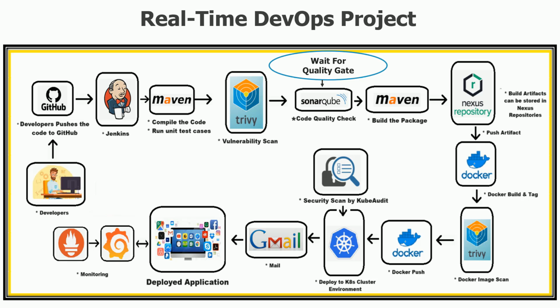So there are two ways of monitoring. One is website level monitoring, using the Blackbox Exporter to find out how the traffic on the website is, whether the website is up or down, or we have various probes which can be used to monitor the website, and those results can be visualized in Grafana.